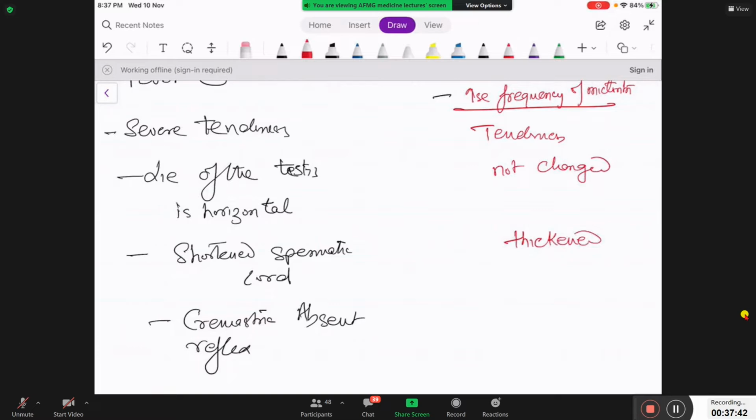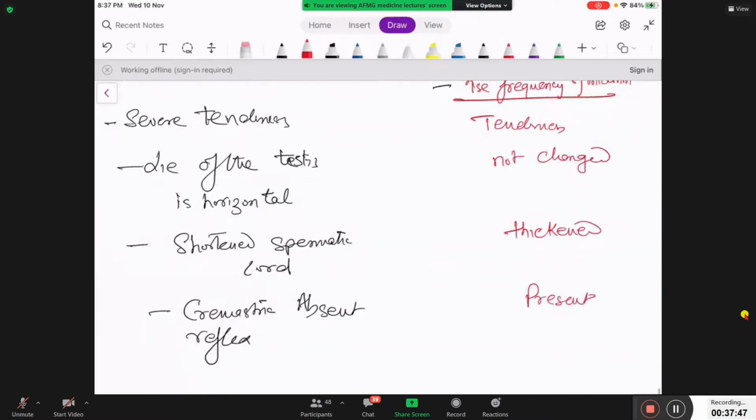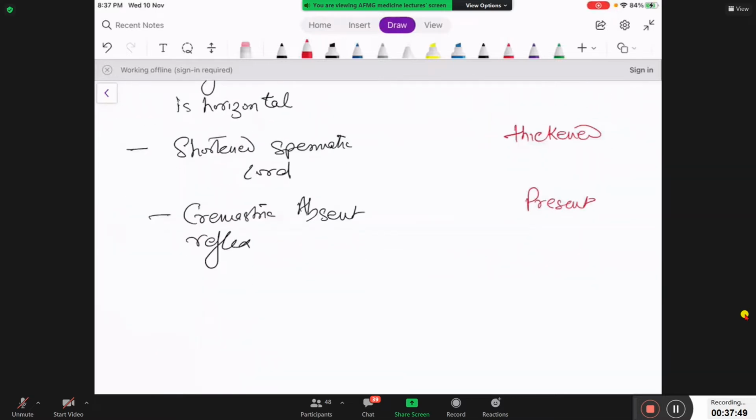Here the cremasteric reflex will be present. Okay, now a very important test.